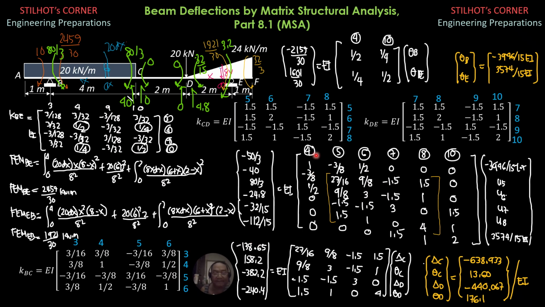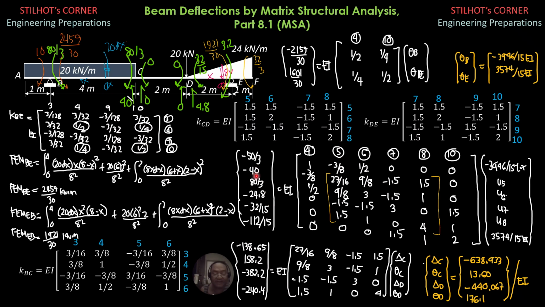So numbering 4, 5, 6, 7, 8, 10, 6 by 6, but we already computed theta B, which is negative 3946 over 15 EI, and theta E, which is 3574 over 15 EI. So we're going to reduce this to 4 by 4. We change these forces: negative 40, 80 over 3, negative 24.8, negative 32 over 15.